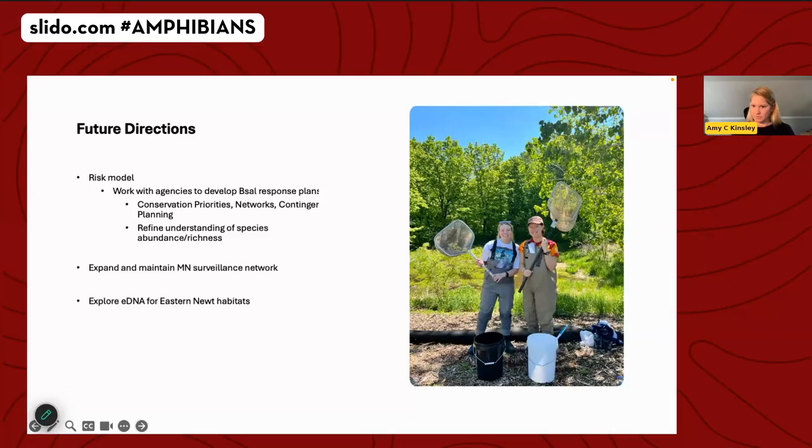We're also continuing to sample amphibians and refine our understanding of their distribution and their species richness. That can help us as we aim to improve the accuracy of our risk assessments. When we do surveillance and we have negative results, where the pathogen has not been detected, that can still be used as information to decrease our uncertainty, right?